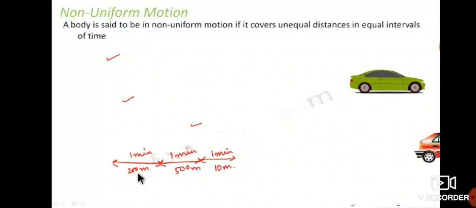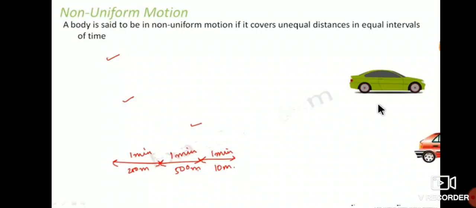Here, in the first minute the body moves very slowly and covers 250 meters. In the second minute the body covers 500 meters, but in the third minute the body moves very slowly and covers only 10 meters. So there is variation in the distance, but the time intervals are equal, each consisting of only 1 minute.